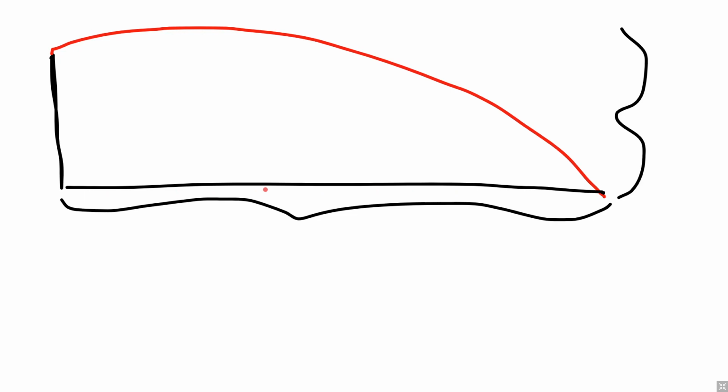Not R. Let's think in terms of our coordinate system, so either X or Y. X. Okay, it will be represented by X. And then this distance here will be represented by what? Y. Okay. All right, so let's first start off with the Y.